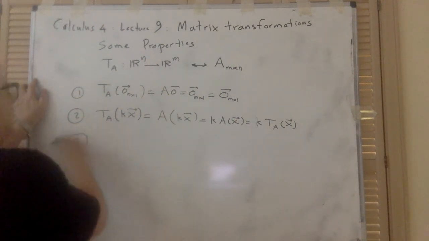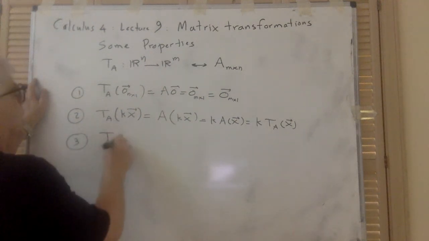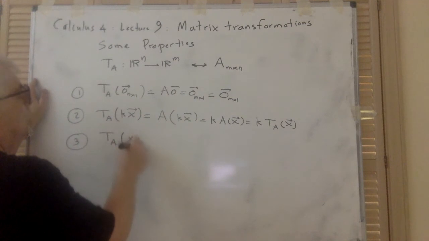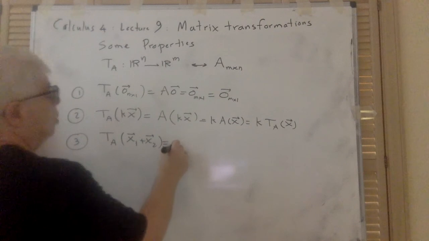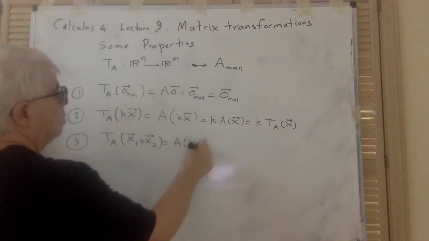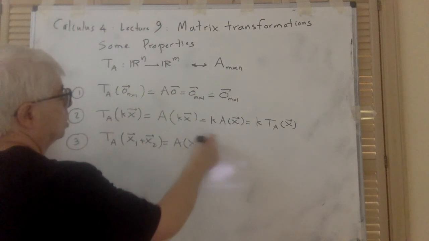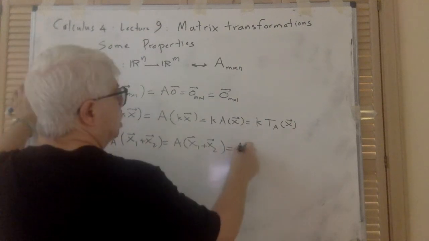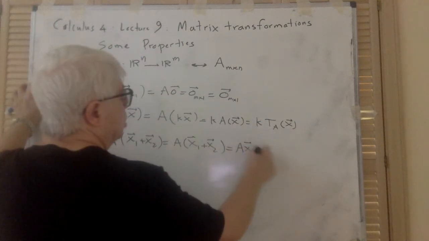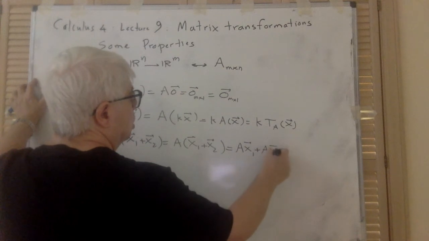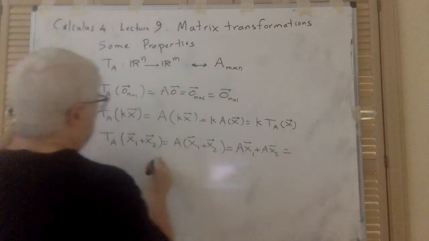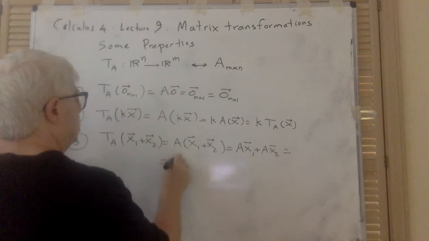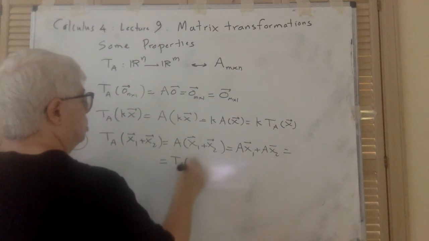And number 3, T_A applied to two vectors, x1 plus x2, the sum of two vectors, that is A times (x1 plus x2). And you know how we can distribute this thing, Ax1 plus Ax2, and that equals the dream of every college algebra student.